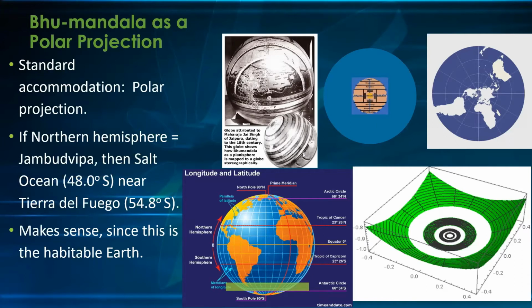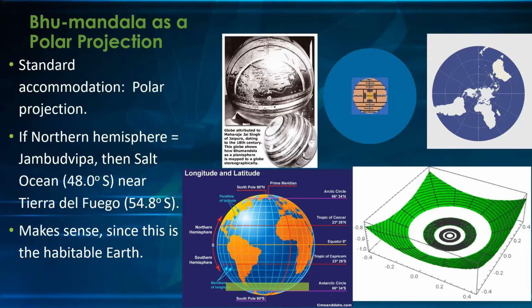Now, what we get from this information is that if we take Bhu-Mandala as this polar projection, and specifically make it such that the northern hemisphere is Jambu-dvipa, then what we see is that Jambu-dvipa, along with the saltwater ocean, is representing all the habitable Earth. What do I mean by habitable?